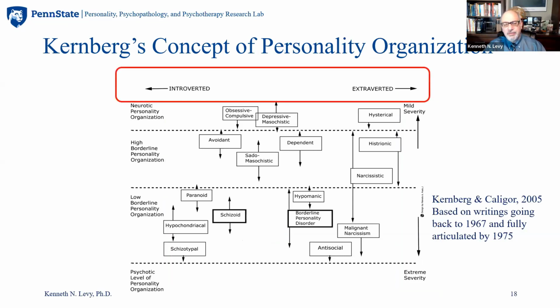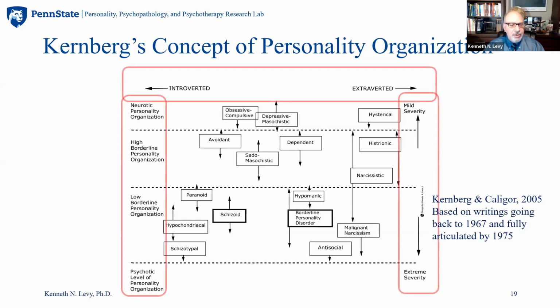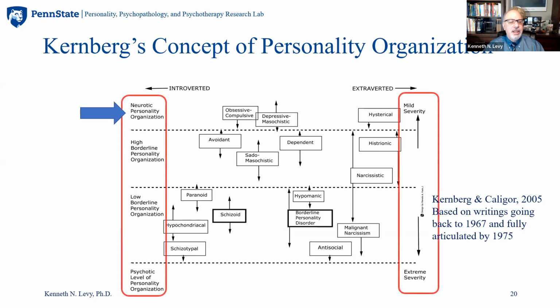So there's the introversion, extroversion dimension, but it also captures the neurotic dimension in the levels of personality organization, with high levels being more on the neurotic side. As I said, there's the introversion, extroversion dimension, and openness to experience, the opposite end of that is actually psychoticism, which you can see at the low end here.